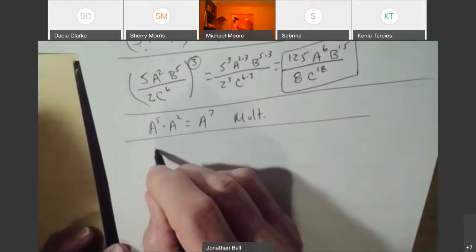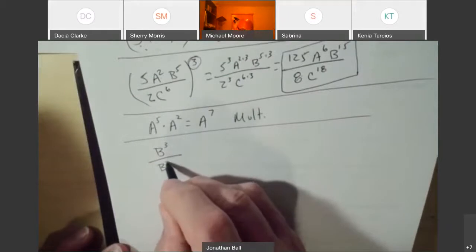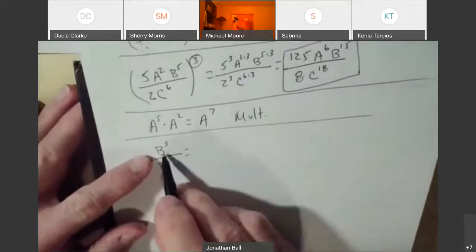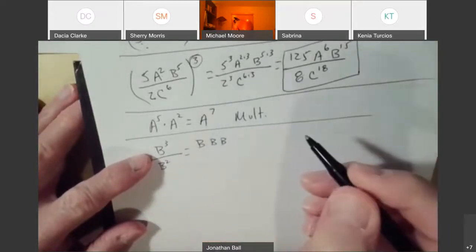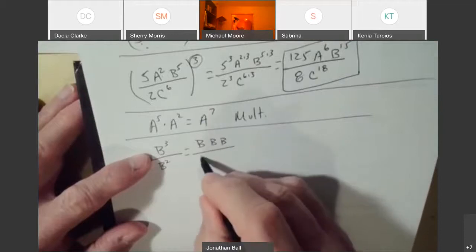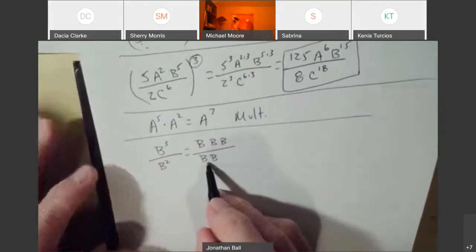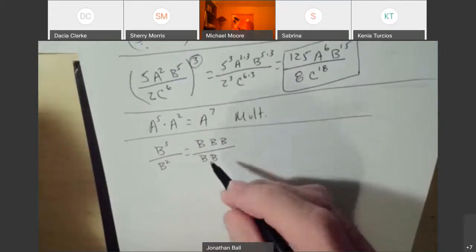So if we have b cubed divided by b squared, this is going to equal, b cubed is b times b times b, right? Over b times b. Now, any number divided by itself is 1.